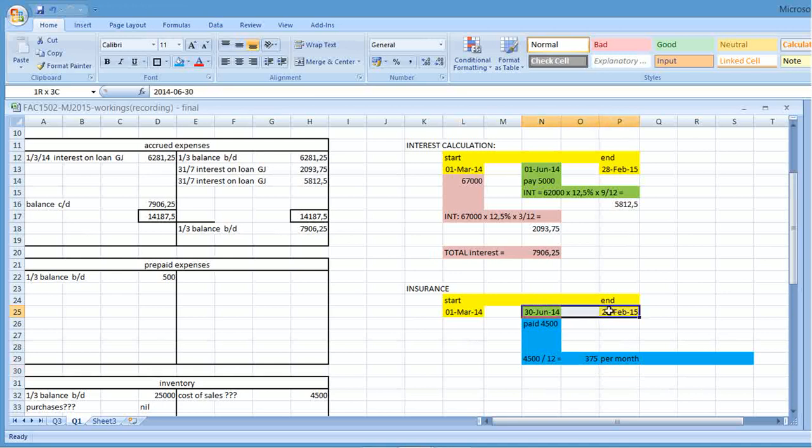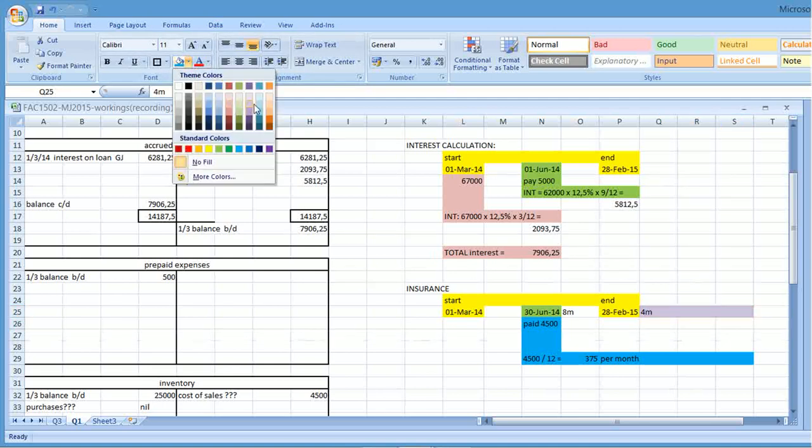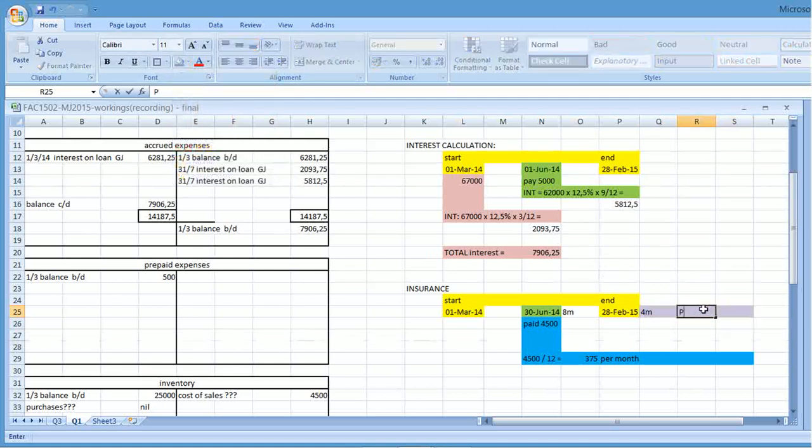If I'm looking at June to Feb, that'll be July, August, September, October, November, December, January, February. That's 8 months. So 8 months here would be in the year, and then obviously 4 months would be outside the year. And these 4 months outside the year would be classified as a prepaid expense.